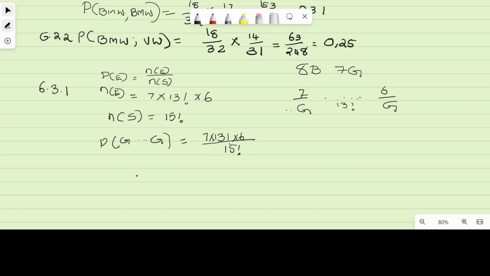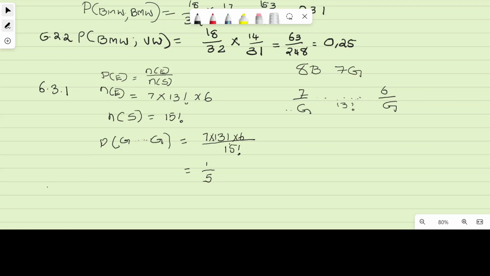So now you can put this in the calculator. The calculator will give you 1 over the answer. These are common questions in the examination. But if you use the positions like this, it's easy to understand.